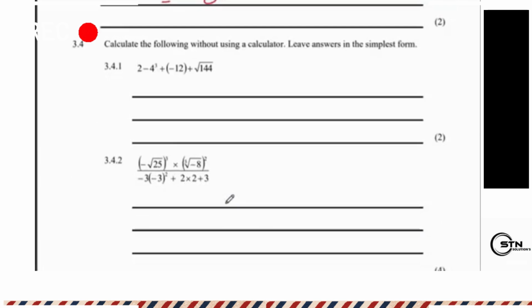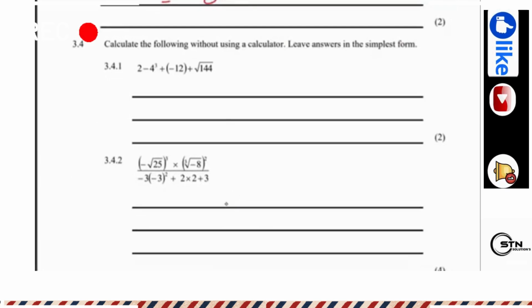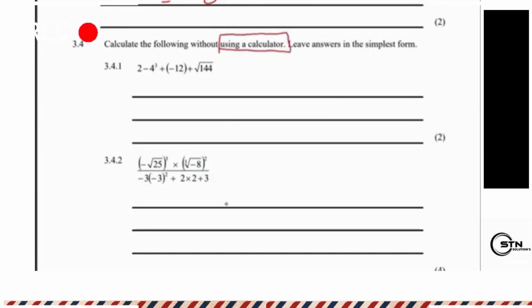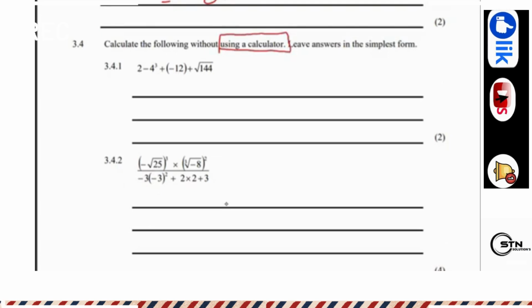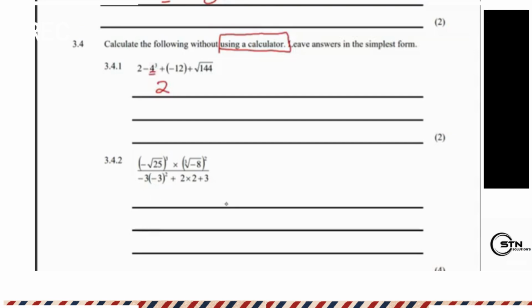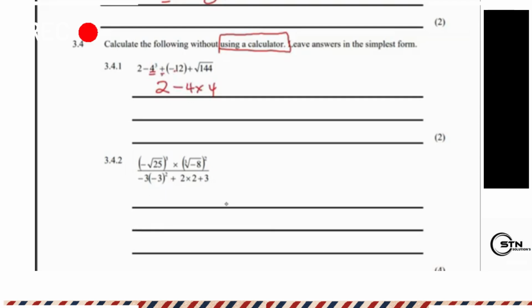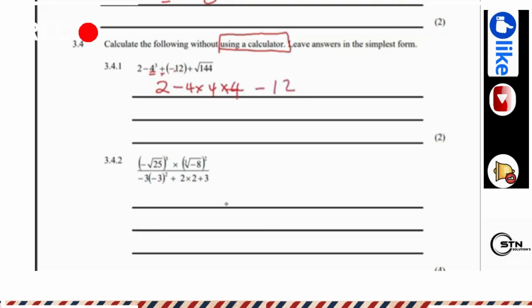Then 3.4, calculate the following without using a calculator. Okay, so this question doesn't want us to use a calculator. So we expand this. Let's leave 2 alone. We know that 4 cubed is the same as 4 times 4 times 4. And then a positive and a negative, we're going to have a negative of this times 4 again. Then a -12.